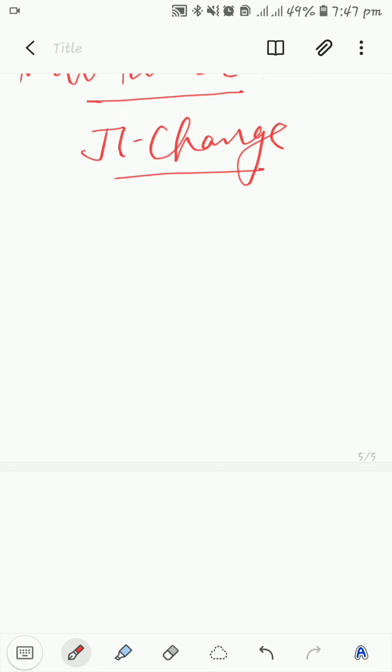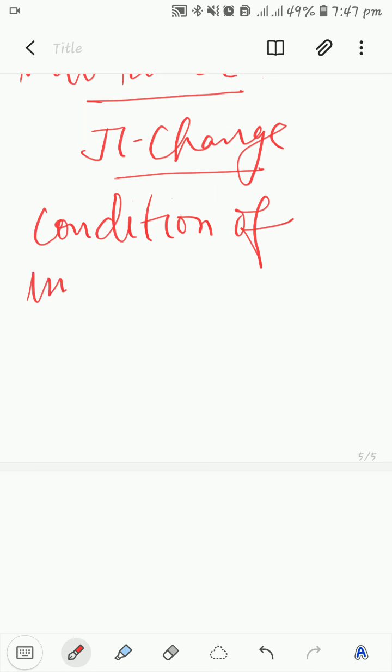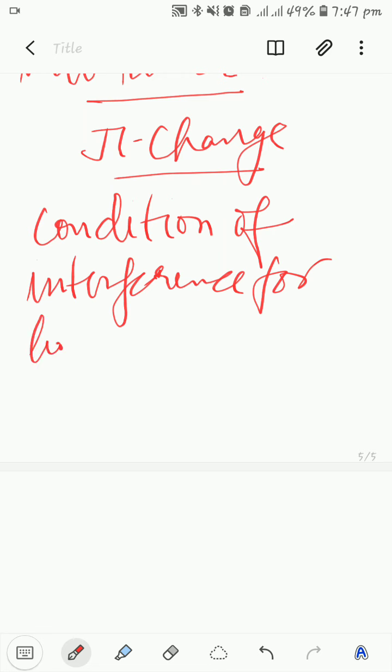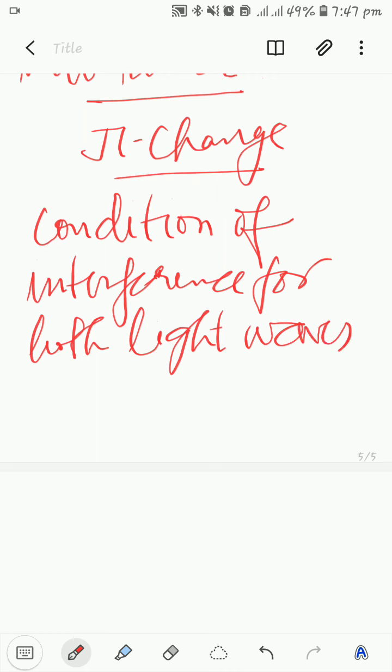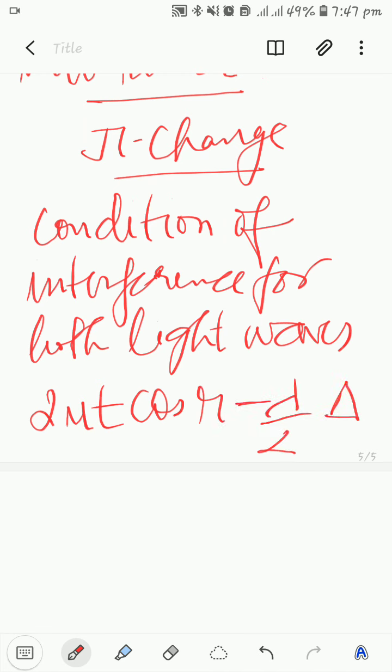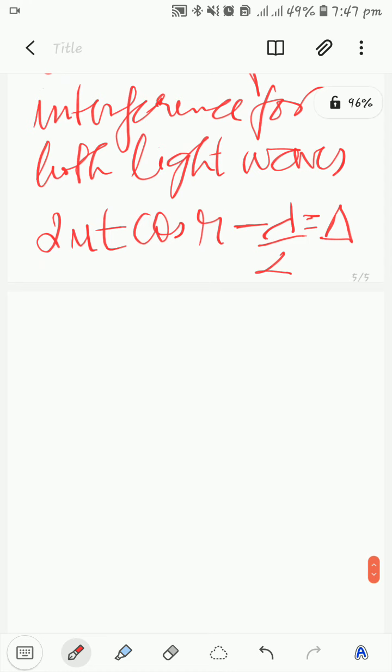So the condition of interference for both light waves becomes delta is equal to 2 mu t cos r minus lambda by 2. This is because of the phase difference of pi radians.